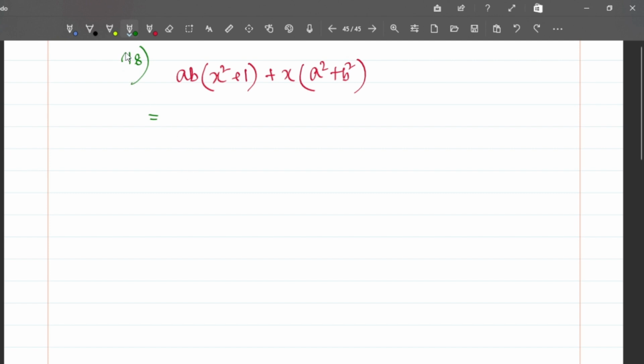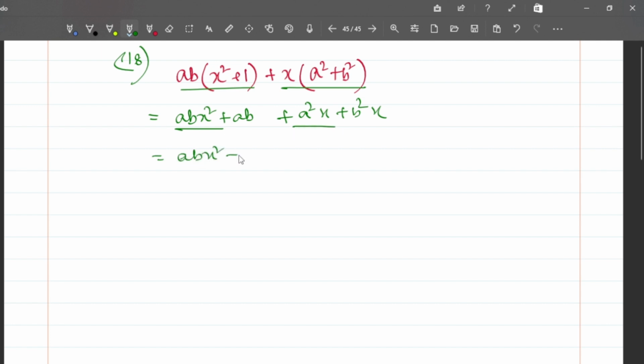This is sum number 18. Let's start. So do the multiplication first. Now regroup the terms: the first and third term, and the second and fourth term.